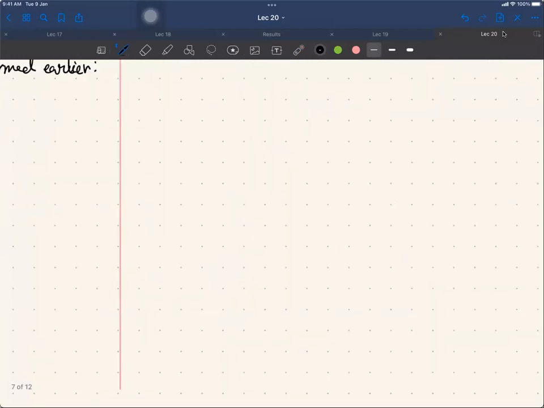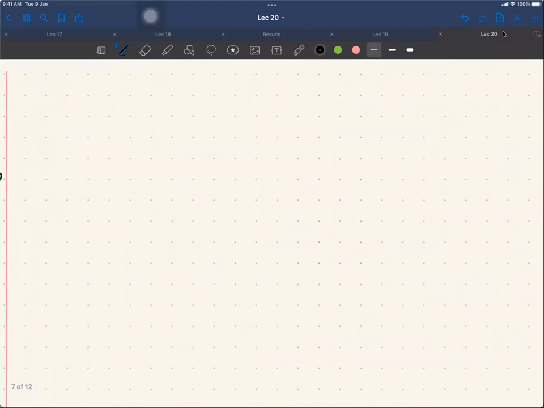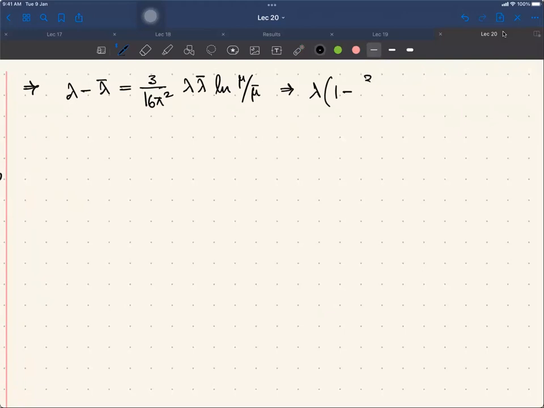And the same equation can be rewritten as lambda minus lambda bar is equal to 3 over 16 pi square lambda lambda bar log mu by mu bar. Which is the same as lambda times 1 minus 3 by 16 pi square lambda bar log mu by mu bar equals lambda bar.